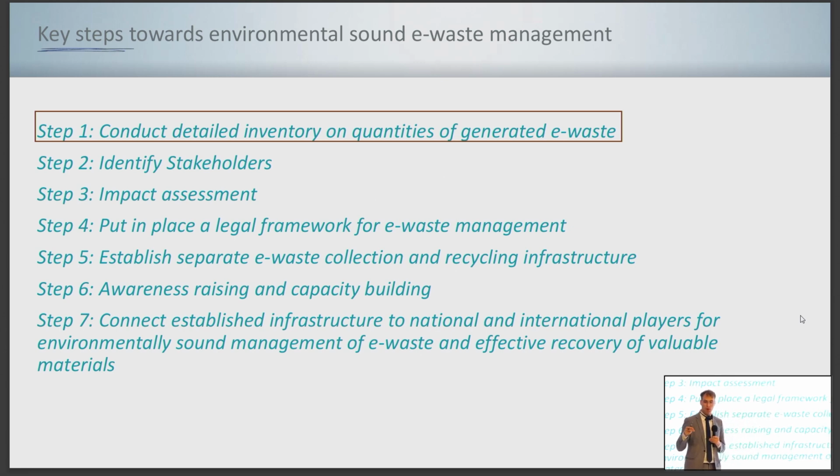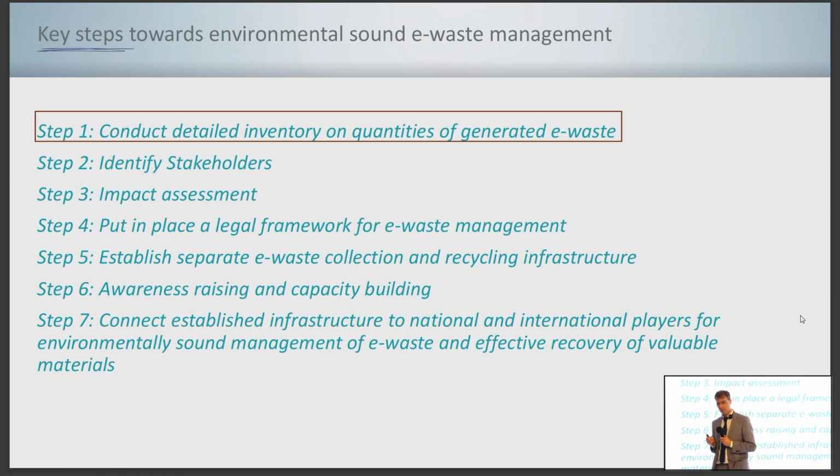Step 3 is to go through the data and the stakeholders on the impact which you would like to achieve in your particular country, which is the basis to put in a legal framework for e-waste management. It's not sufficient to govern this with hazardous waste.